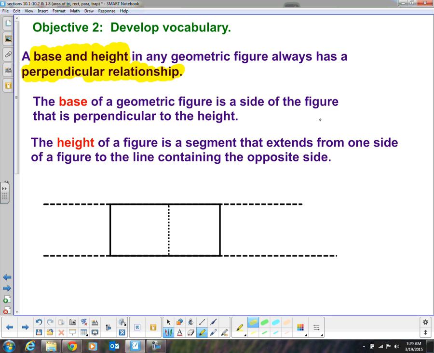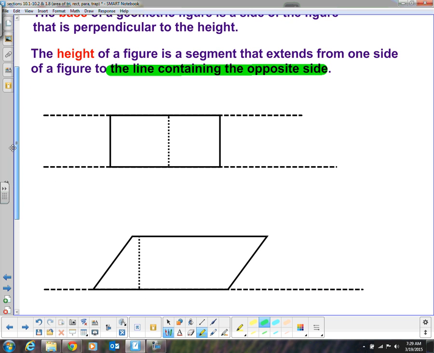Base of a geometric figure is the side of the figure that's perpendicular to the height. Height of a figure is a segment that extends from one side of a figure to the line containing the other side. Line containing the opposite side. This is the deal. Do you see that parallelogram?